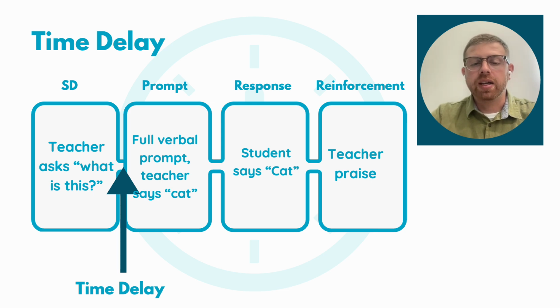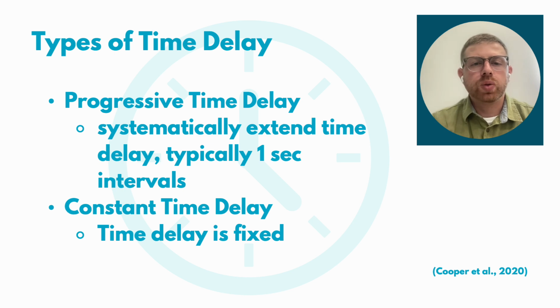So now you want to add some space in there for the child to independently respond before you then add in your prompt. We have two types of time delay: progressive time delay and constant time delay. With both, we're starting at zero, where the prompt is immediately inserted following that target stimulus.